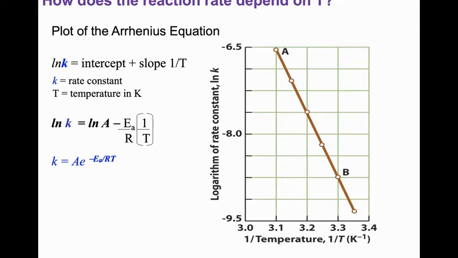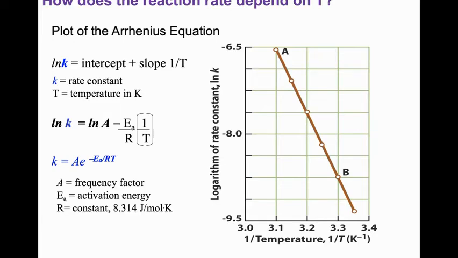So let's put in some factors, called Arrhenius factors, where we can think about the natural log of k, the rate constant, where our intercept is equal to the natural log of A and our slope is equal to negative Ea over R. A is called the frequency factor or the pre-exponential factor, Ea is called the activation energy, and R is our universal gas constant, 8.314 joules per mole Kelvin.